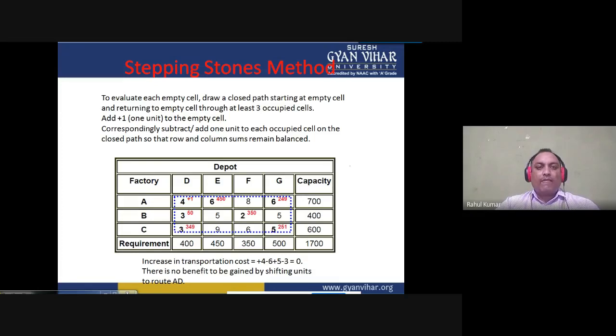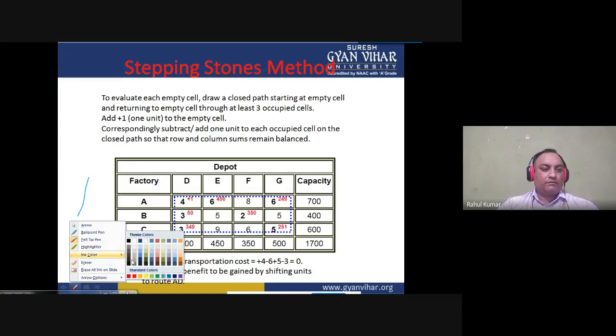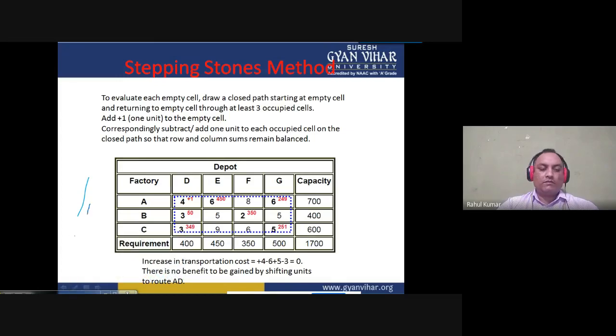In this problem, you see here, first you find the optimal solution for this problem, then you can solve with the help of the stepping stone method, right?